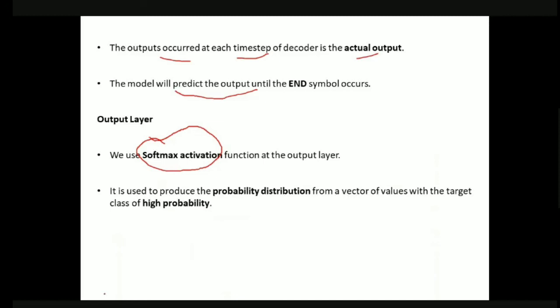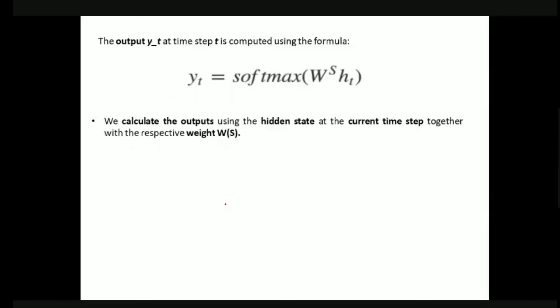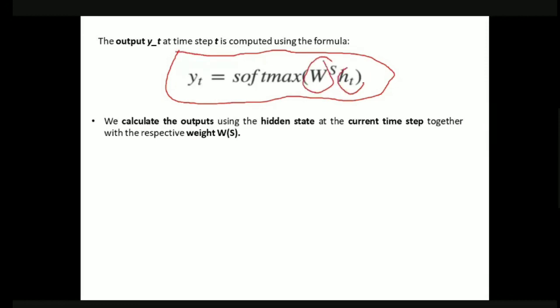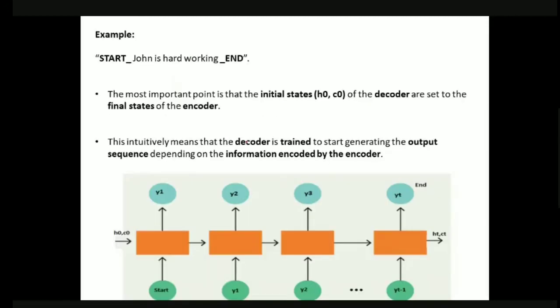For the given vector of values, it uses the probability distribution to tell us the target class which has the highest probability. So the output at time step t is calculated using the softmax activation function, applied to ws and ht. We know that ht is the current time step hidden state and ws is the respective weight for that particular neuron.